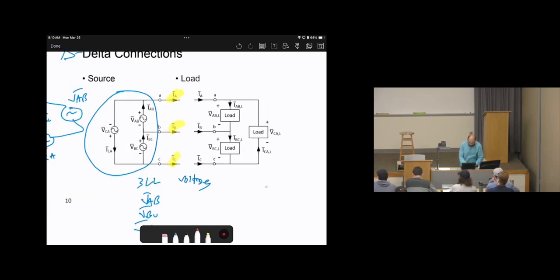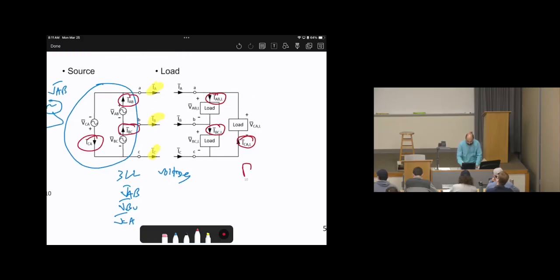Or in other words, in the sources, these currents. So we have 3 new currents that didn't exist in Y. We have them in delta. These are called inner delta currents, or sometimes as a shortcut I call them delta currents, which are the currents inside the delta.